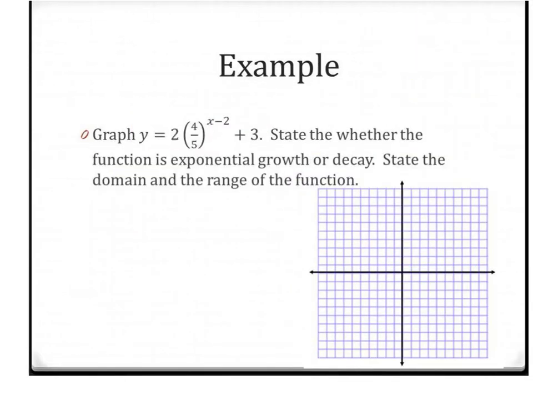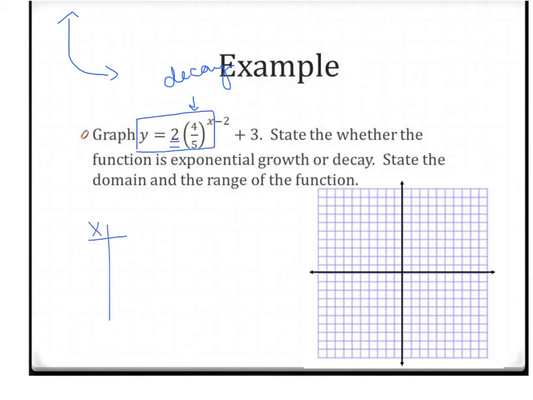All right, and our last one here, first of all, we want to state whether this is growth or decay. And so we're going to look at our b value, and it is decay because that is less than 1. Okay, and our a value is positive, so that tells us that this one is going to come down like this, right? And we're going to start with our parent function, which is here. So if I make a table here and put in 0, we're going to get 2.